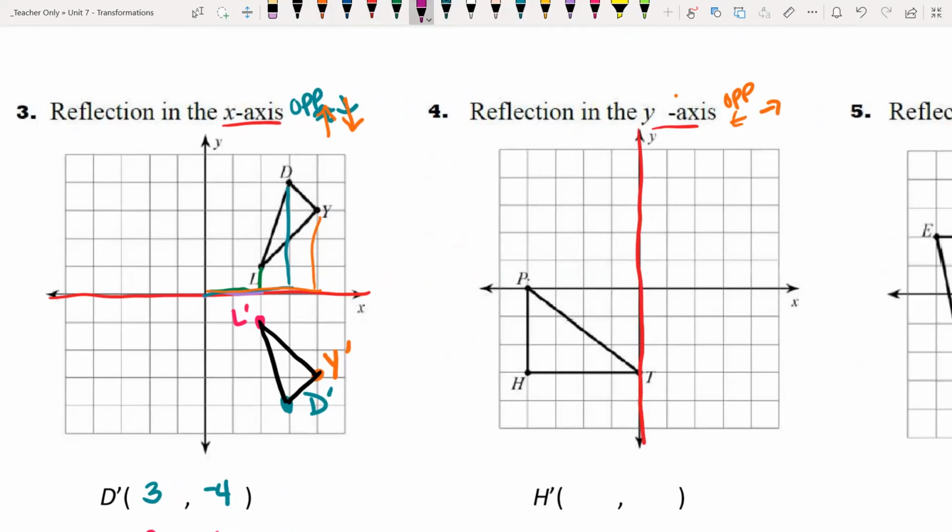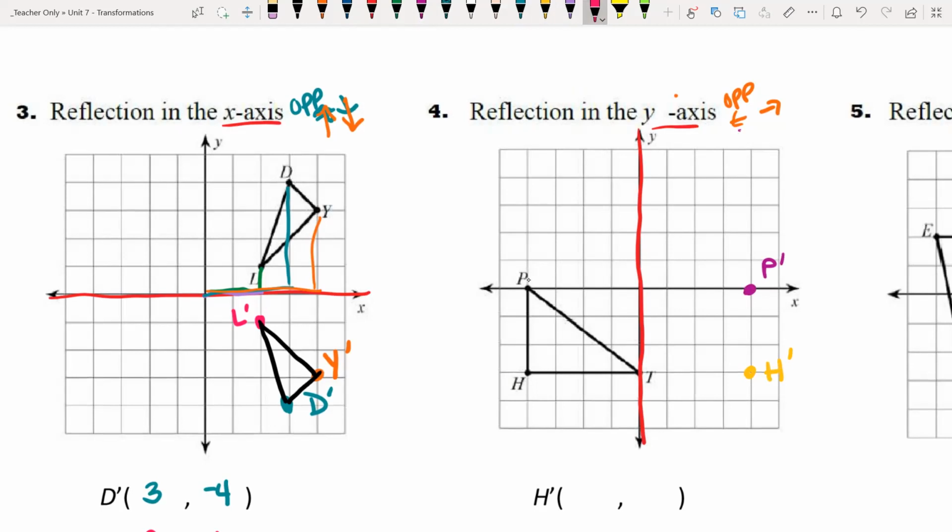So my P is to the left 4, and it's not up and down. So since my y-axis is my line of symmetry, I do the opposite left or right. Since I went to the left 4, I'm going to go to the right 4. And that's where I'm going to put my P apostrophe. My H is over 4, down 3. So it's to the left 4, down 3. I'm going to do the opposite of left. I'm going to go right 4, down 3. And that's my H apostrophe.